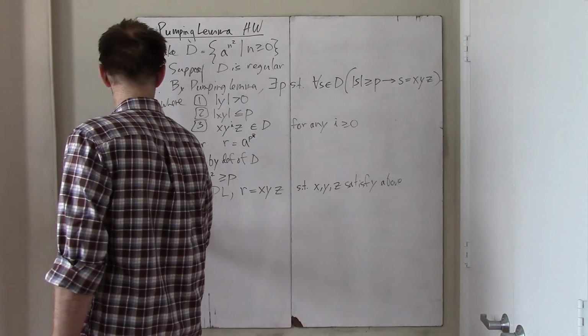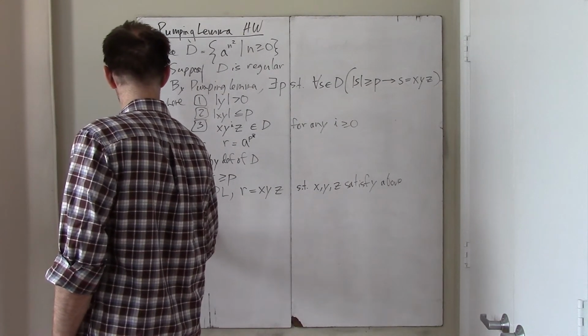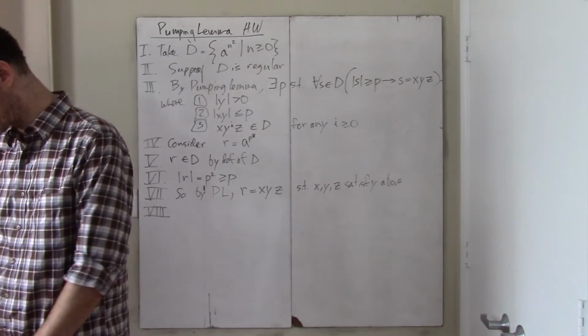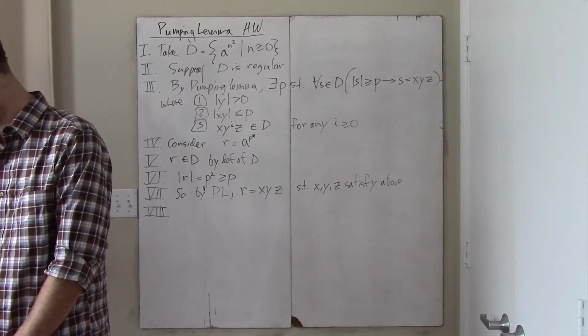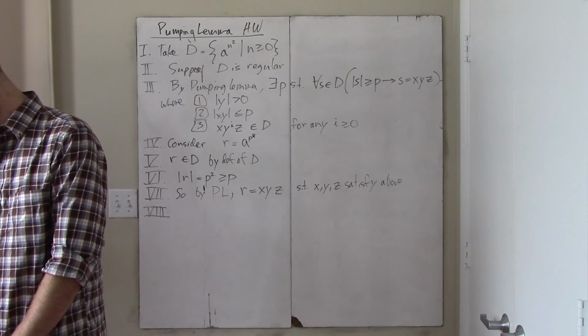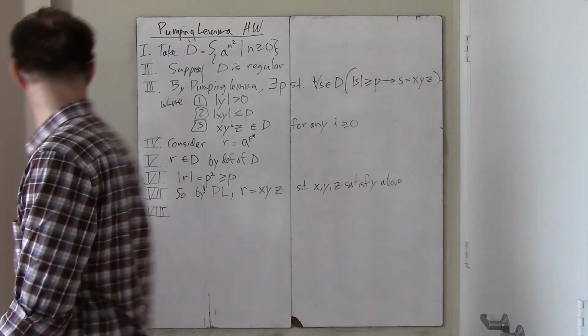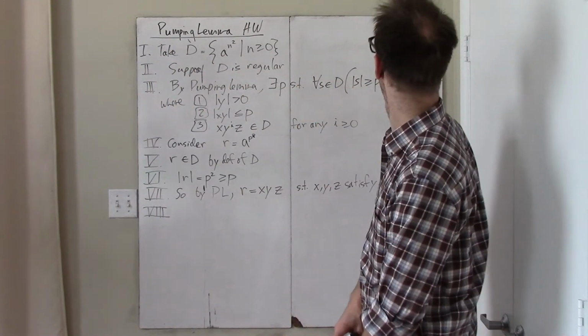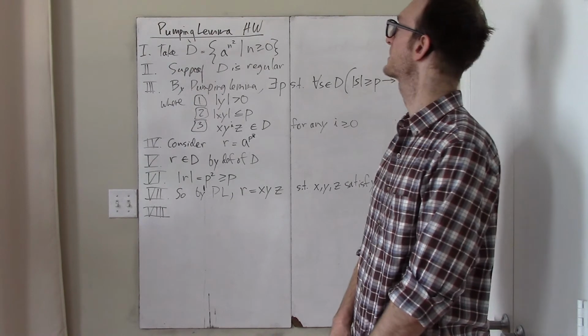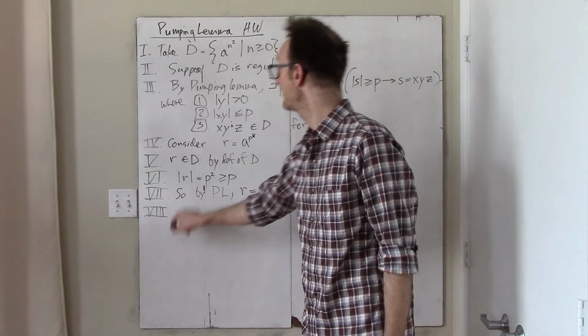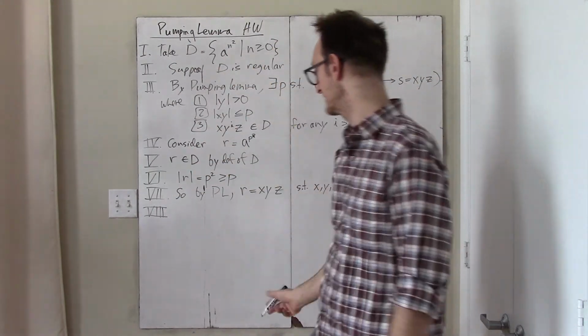Now we perform an analysis on this string. Here it's actually a little bit simpler because all the characters are just A's.